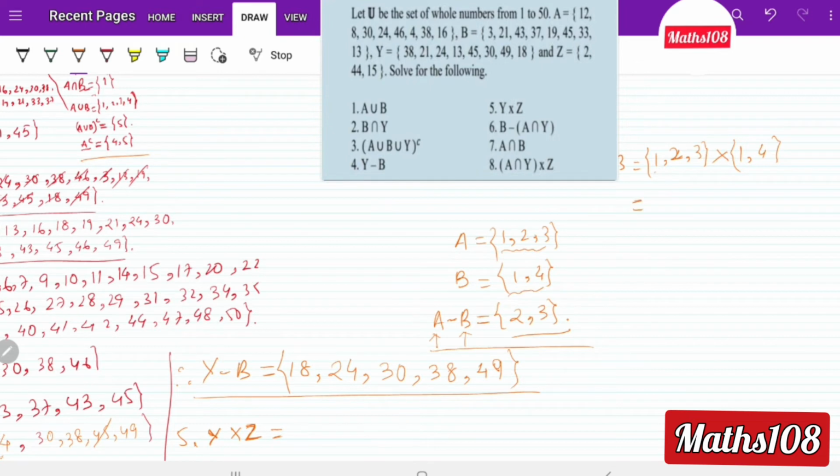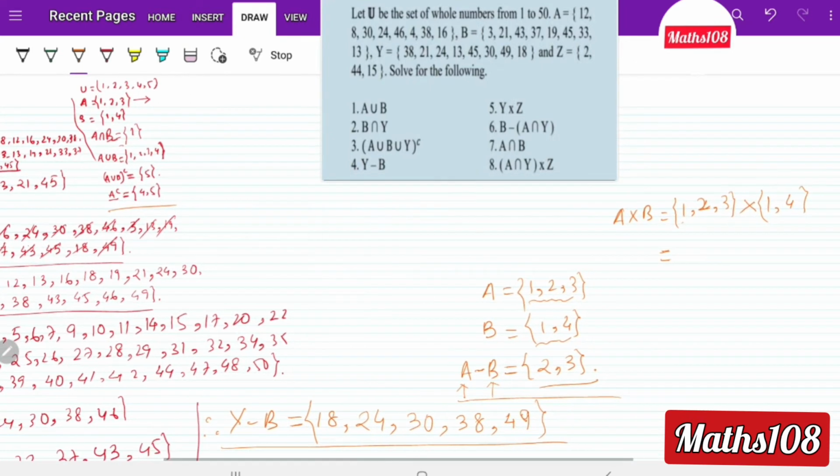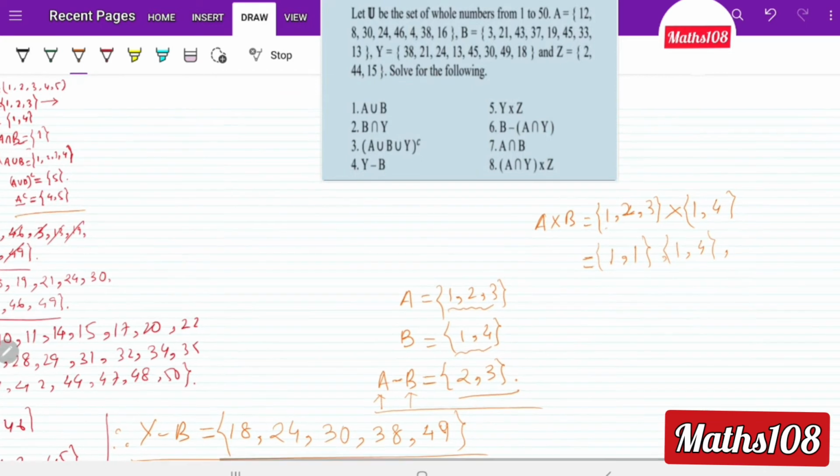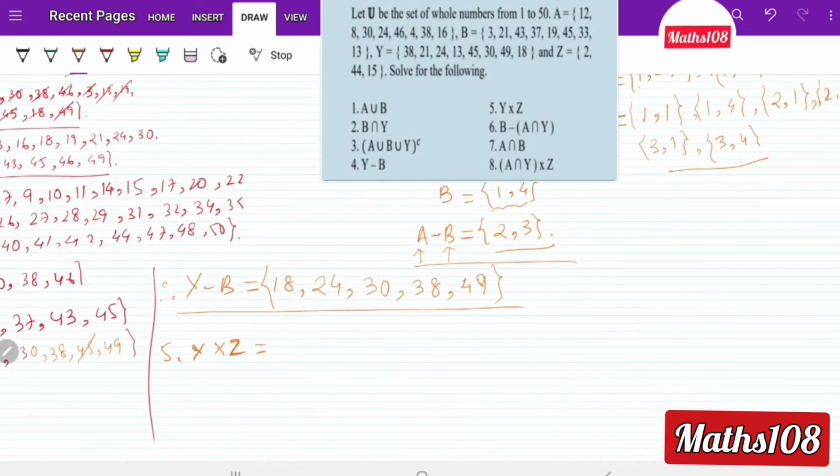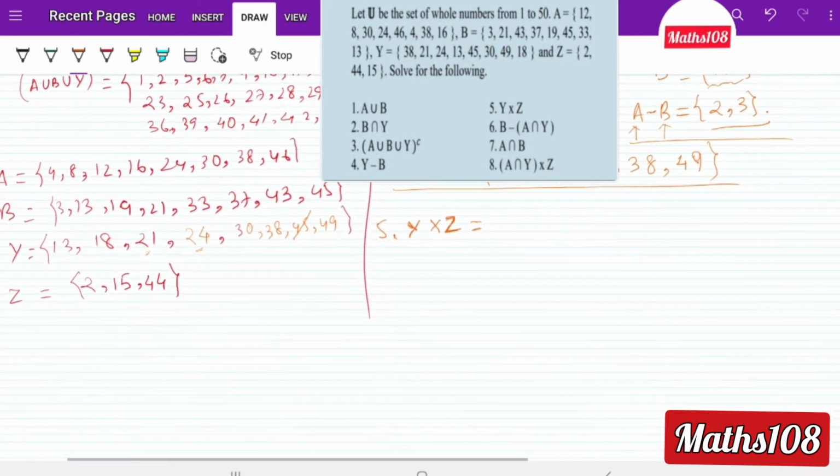So we need to write, not multiply, we need to write like this: 1 1, 1 4. Next, if we multiply 2, then 2 1, 2 4. Likewise, we multiply by 3, 3 1, and 3 4, like this. So for Y and Z, we have Y over here and Z over here.